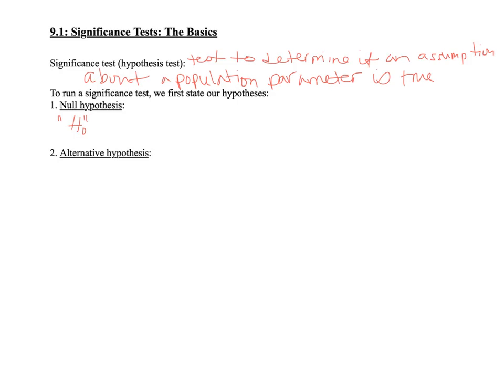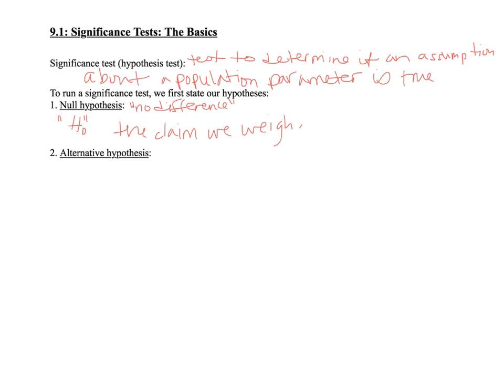So the word null tends to mean something along the lines of no difference or no change. I'll give you the definition. The basic idea, though, is it's the claim that we weigh evidence against.